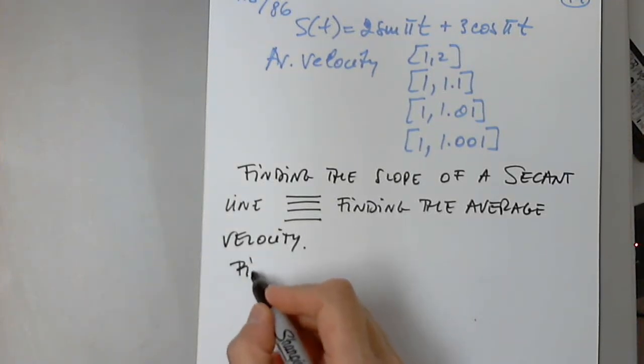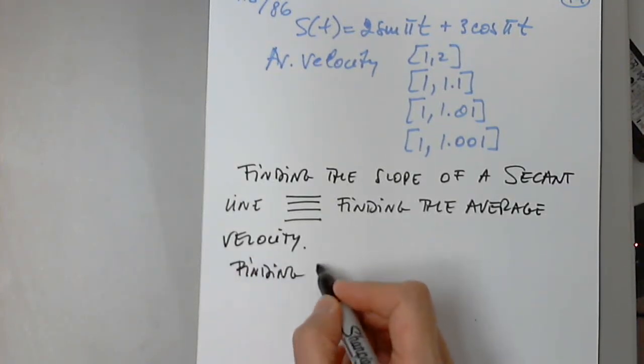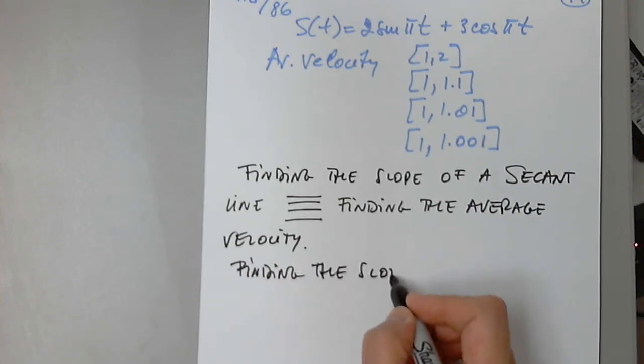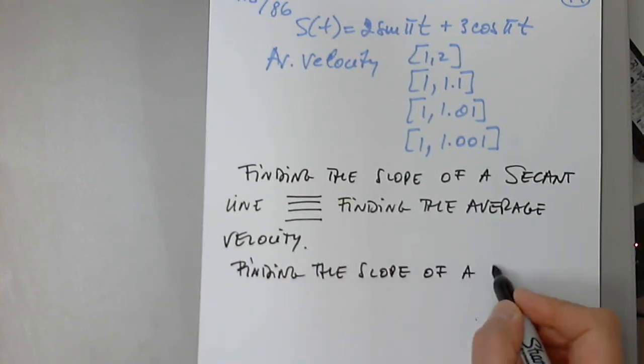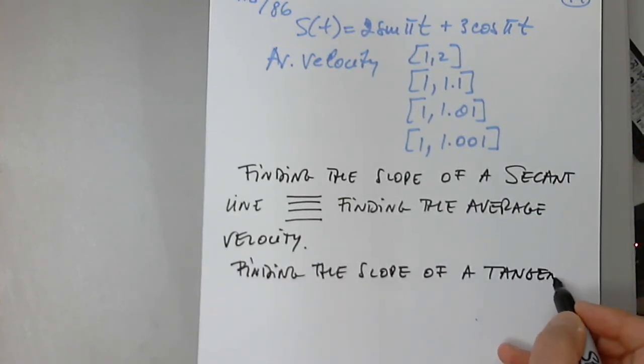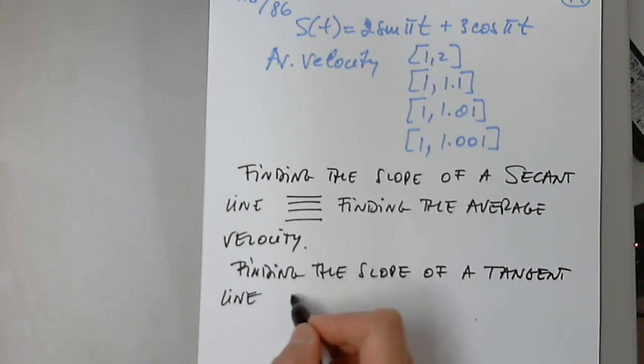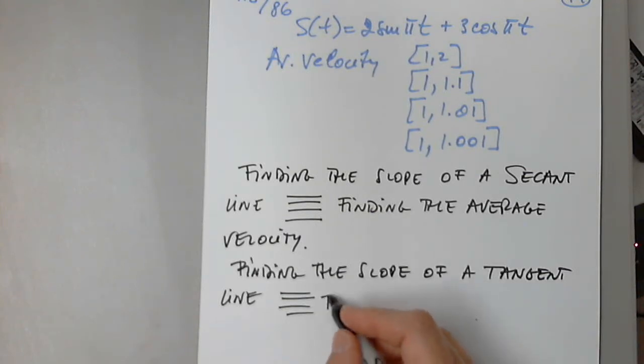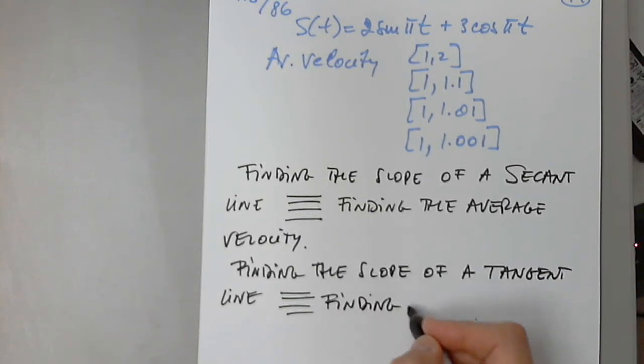Also, finding the slope of a tangent line is identical to finding the what do you think?